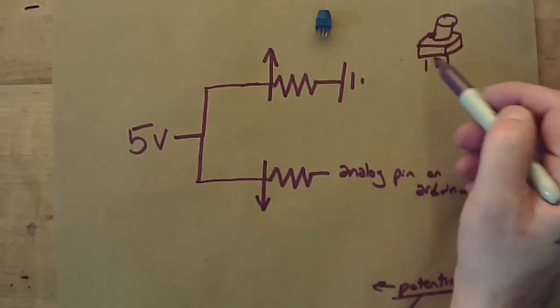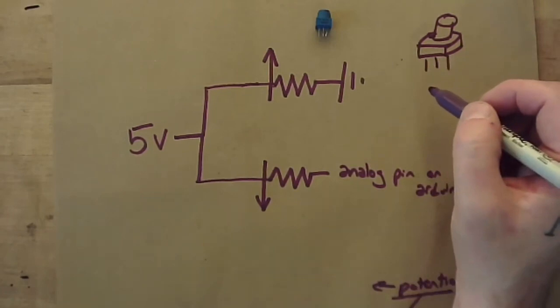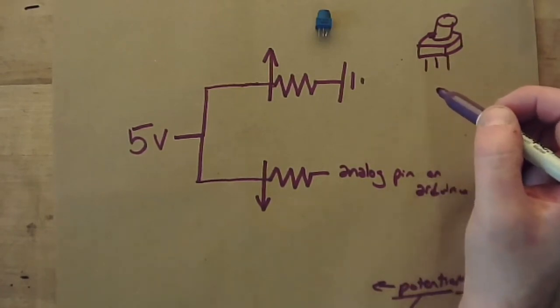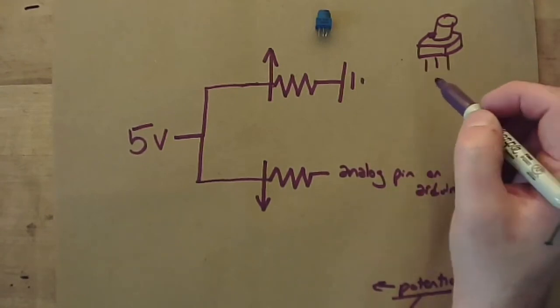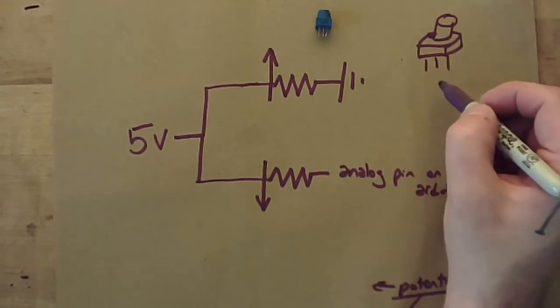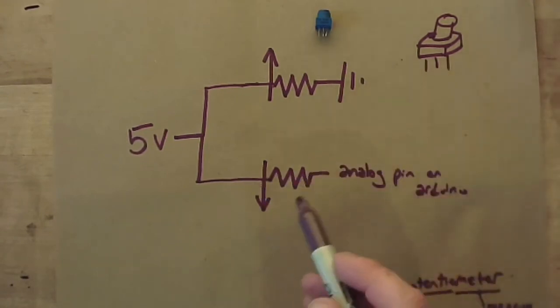There's 3 pins, and one of these is going to be connected to our 5 volts. One is going to be connected to the ground, and the center one is going to be connected to our Arduino.